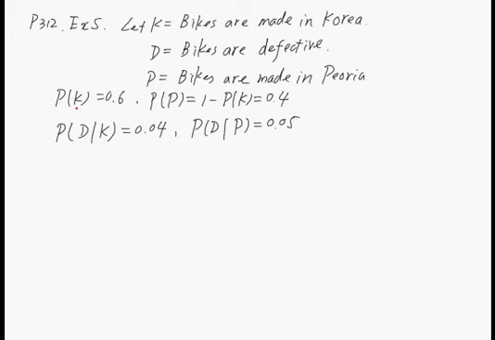Now let's try to find the conditional probability that bikes are defect-free, given that the bikes are made in Korea.